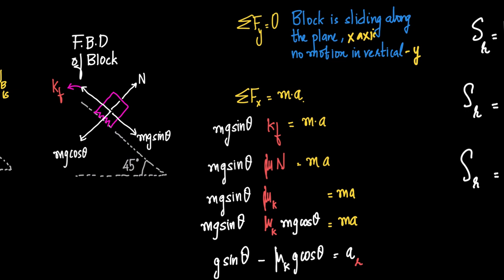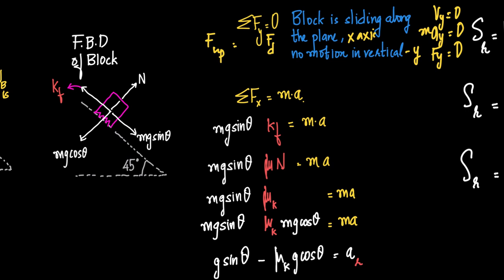And since there is no motion along the y-axis, we can say that vy is equal to 0, and further implies that ay is equal to 0, and therefore m into ay is equal to 0, which implies Fy is equal to 0, right? And since sigma Fy is equal to 0, we can further say that all the forces acting upwards should be equal to all the forces acting downwards.